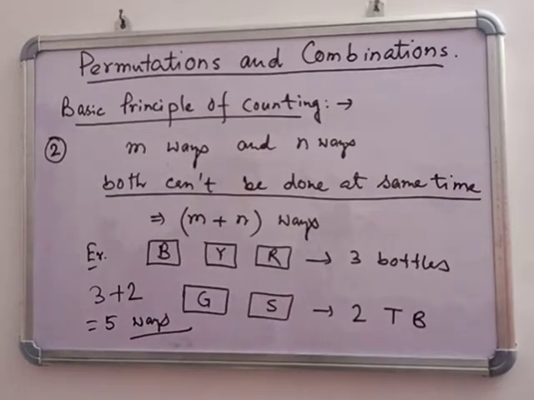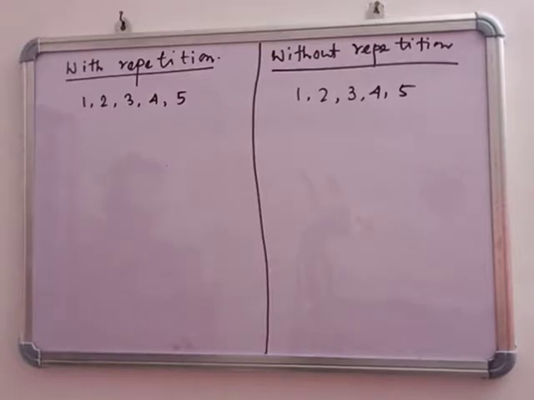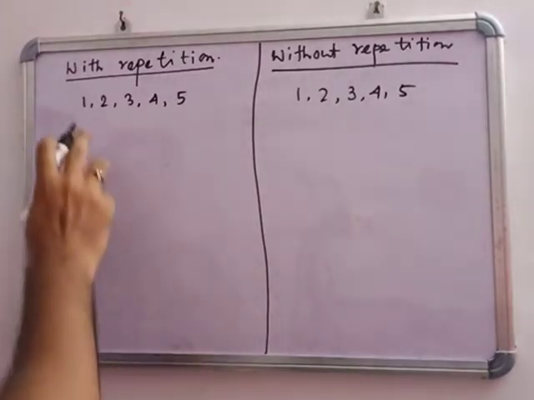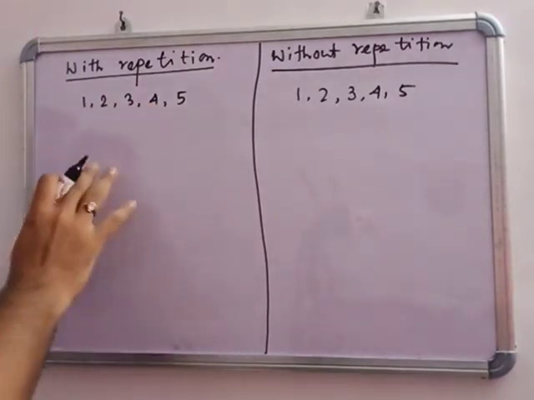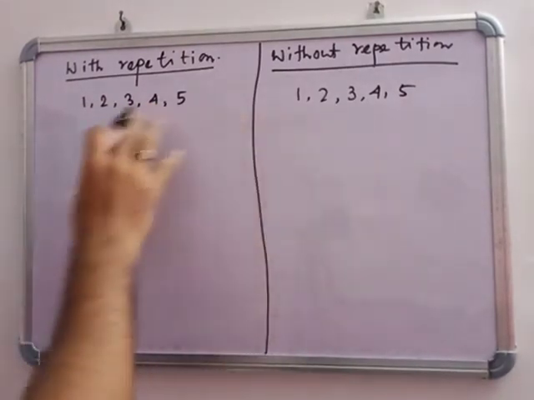Now we are going for some problems. There are 2 types of problems: one with repetition and two without repetition. So what is with repetition and without repetition? Suppose 1, 2, 3, 4, 5. So 5 numbers are there in both cases.